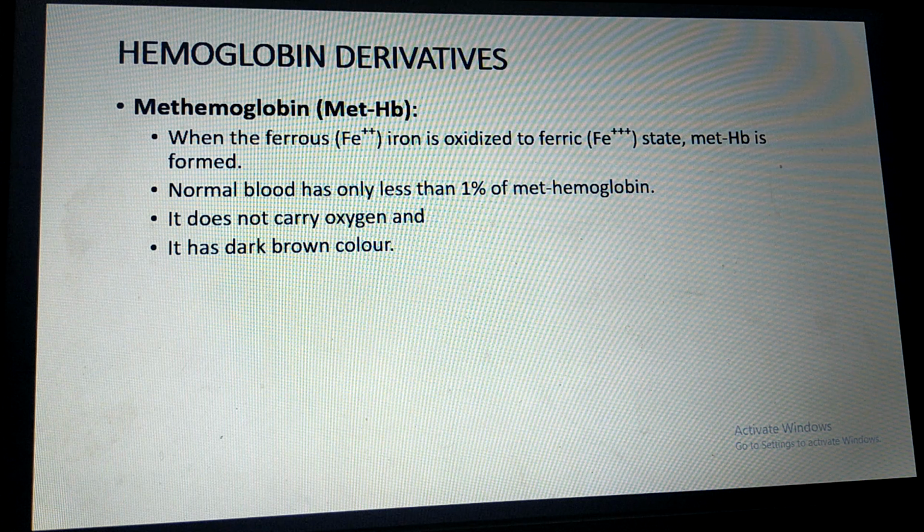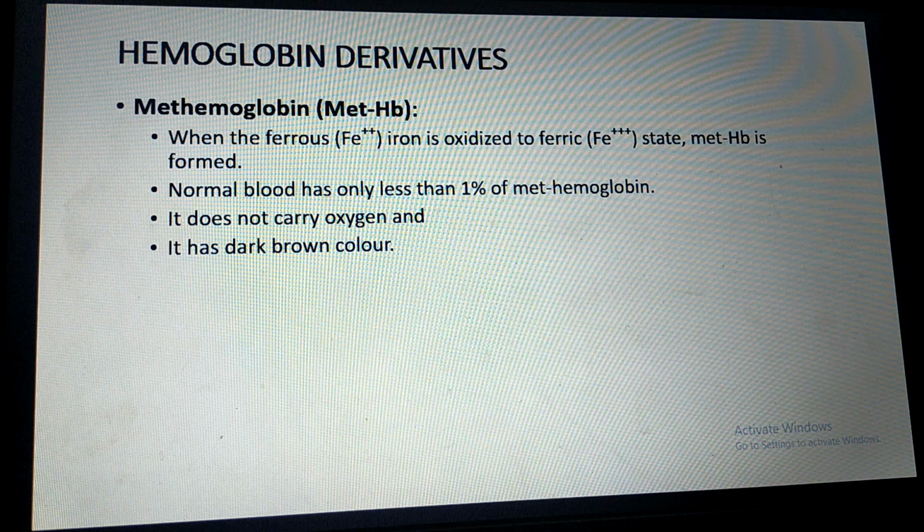In normal blood, only 1% of methemoglobin is present. It does not carry any oxygen, or you can say when hemoglobin is converted to methemoglobin, it loses the oxygen binding capacity. It is dark brown in color.